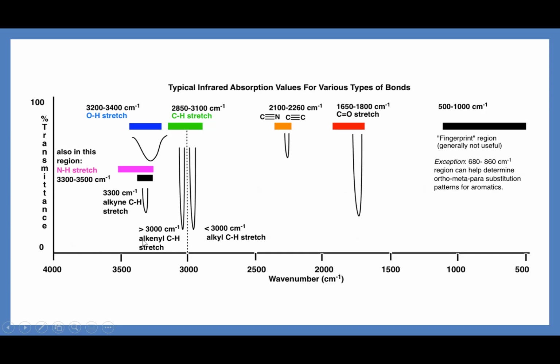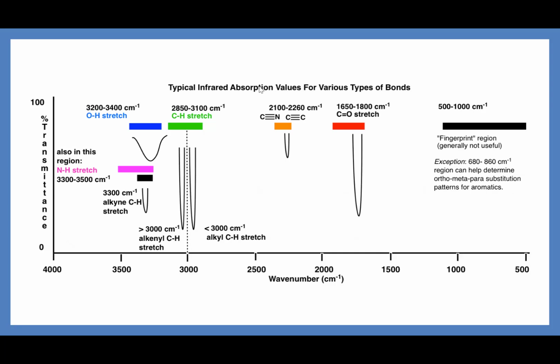Any bonds that are present in quite a substantial amount, we're going to see them reaching all the way down towards the 0 here, so 0% transmittance or a lower amount of transmittance. And if it's not absorbed at all, i.e. those bonds aren't present, they're going to be up at 100% transmittance. So just keep that in mind.